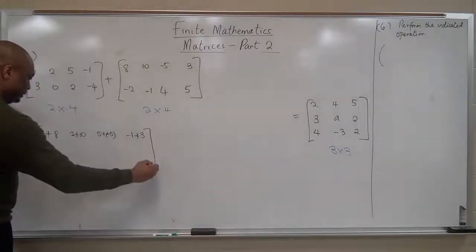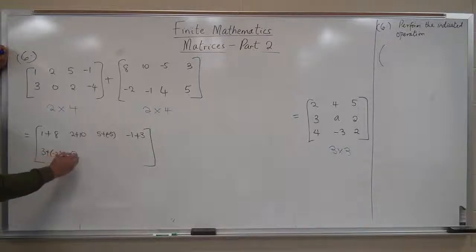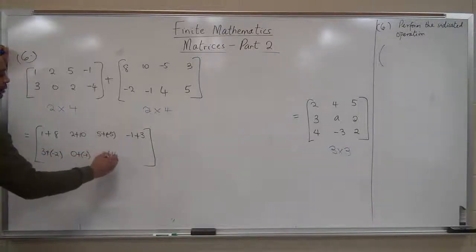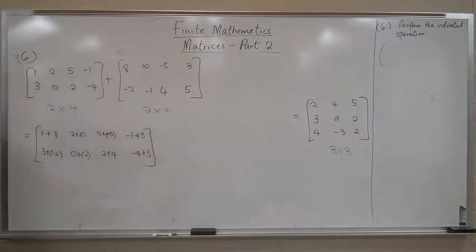And then you close this. So this is 3 plus minus 2, 0 plus minus 1, 2 plus 4, and then minus 4 plus 5. I would suggest that you do it step by step. Don't rush.